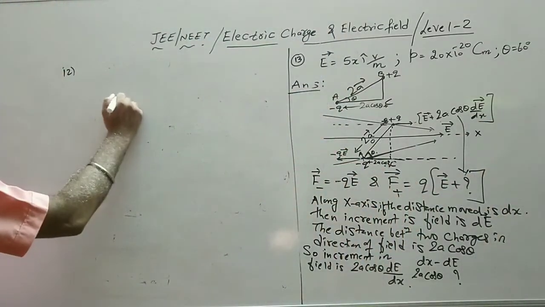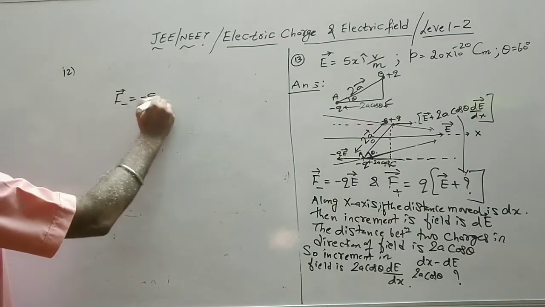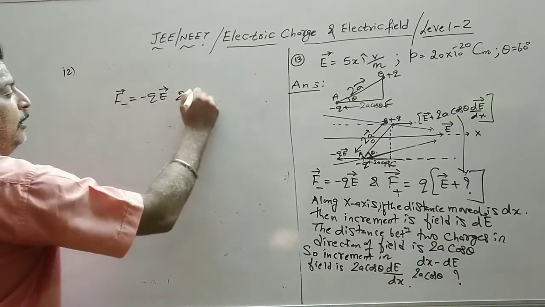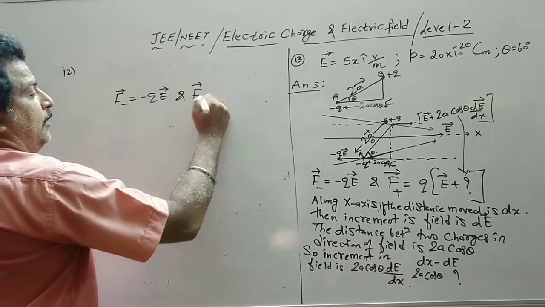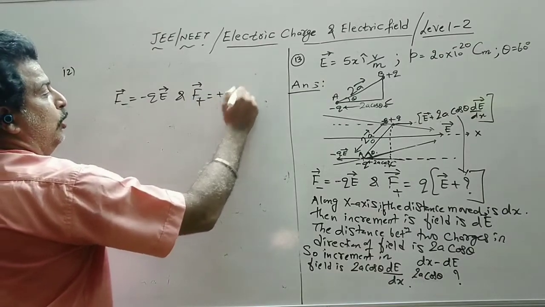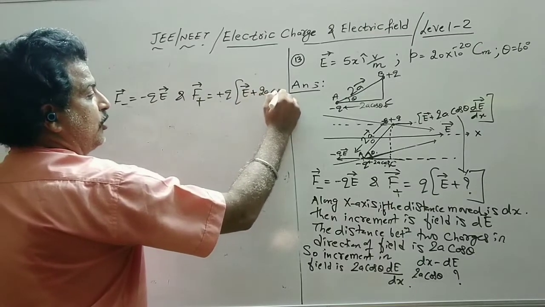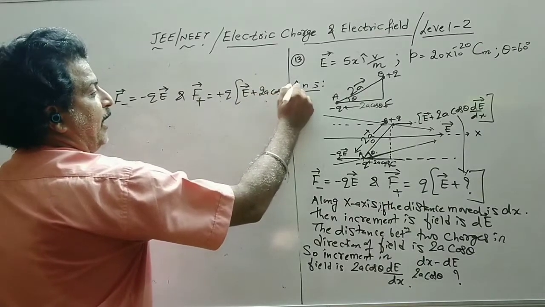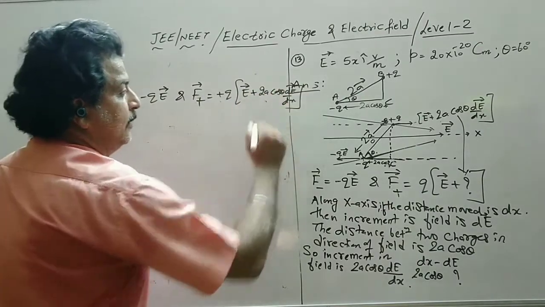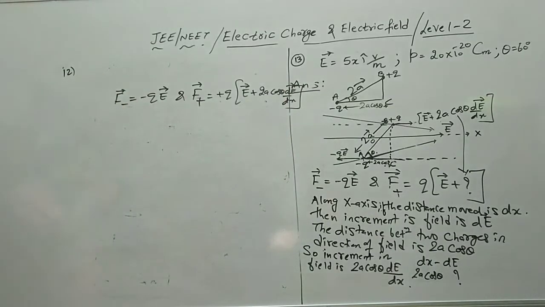Again, F minus is minus QE vector and F plus is plus Q E vector plus 2a cos theta dE vector upon dx. So you have to remember this. I am writing this in the vector form. We have to consider the direction also.